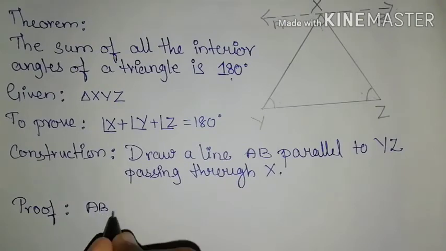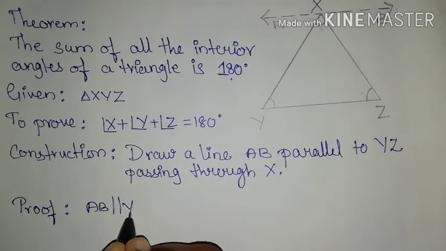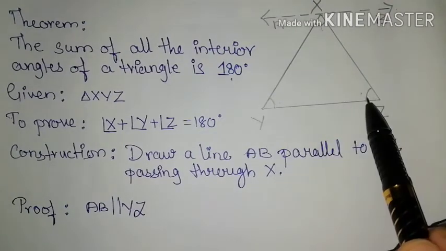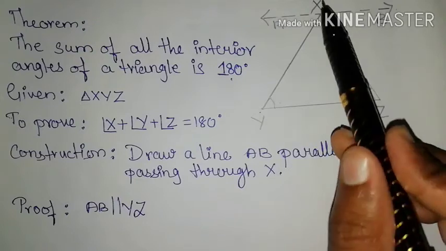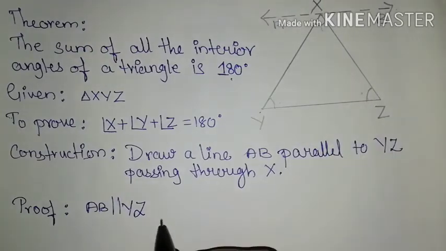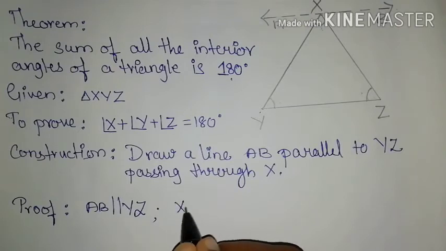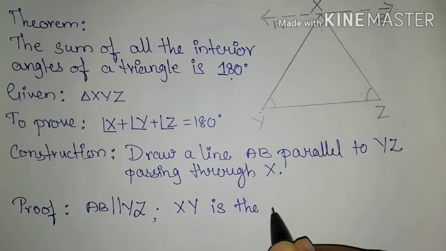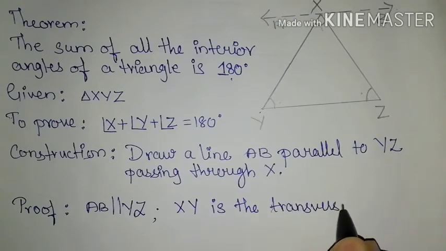AB is parallel to YZ, and XY and XZ are the transversals, right? AB is parallel to YZ, XY is the transversal.